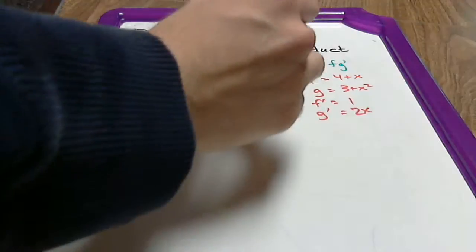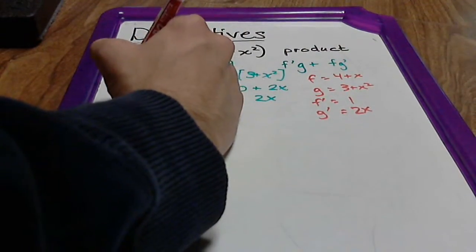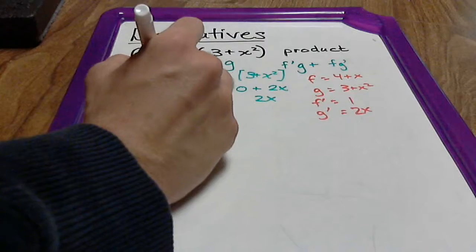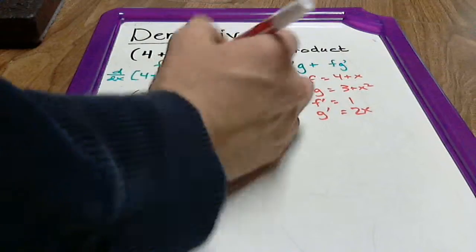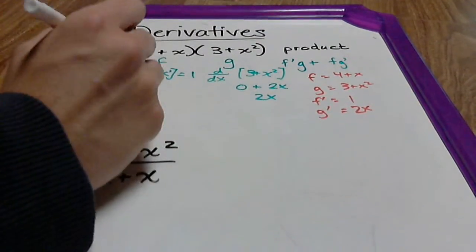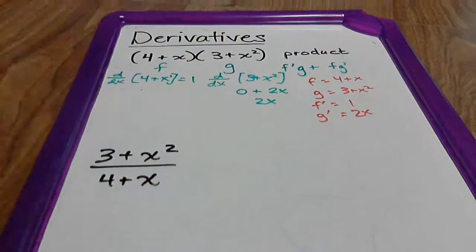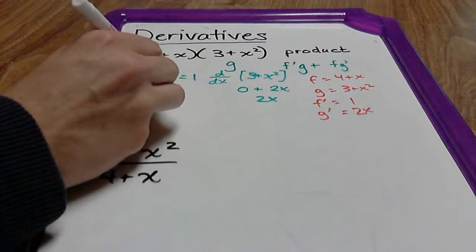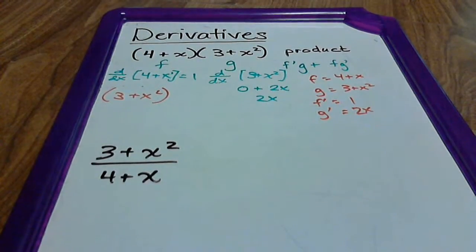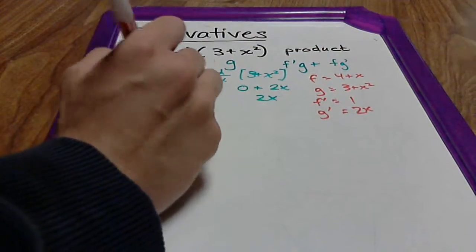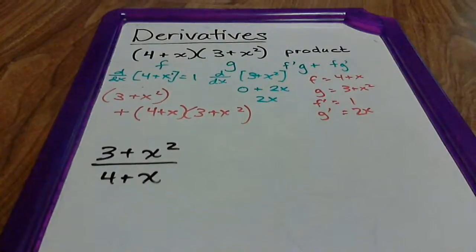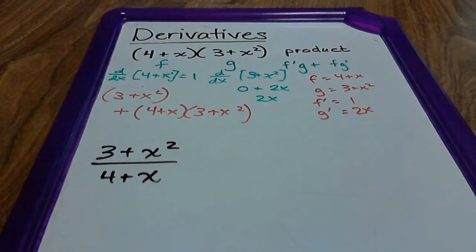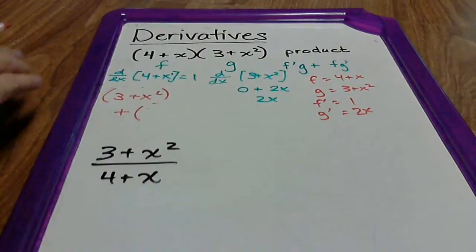So we have f prime times g, so we could say 1 times 3 plus x squared, or just 3 plus x squared, same thing, plus f times g prime, so 4 plus x times 2x.